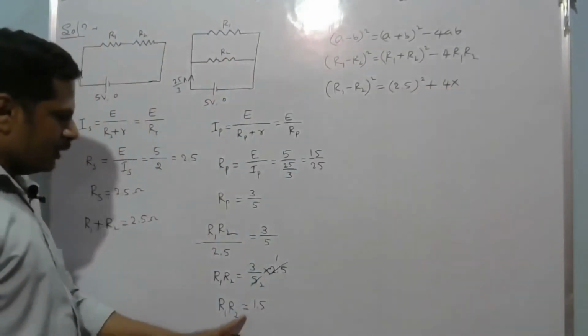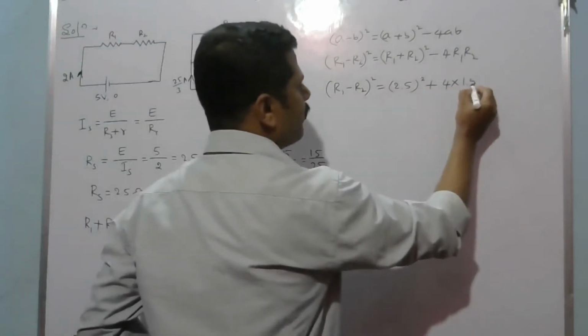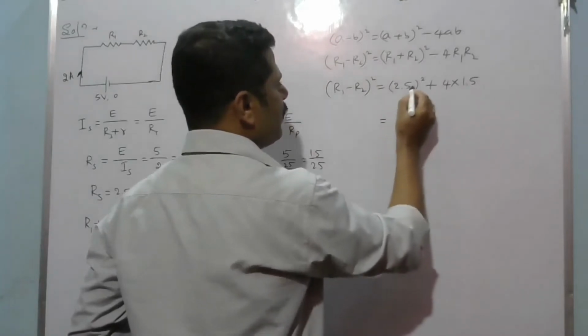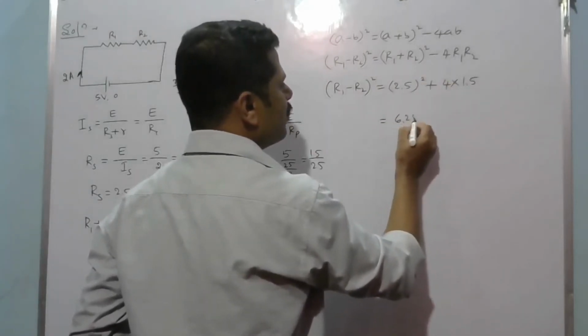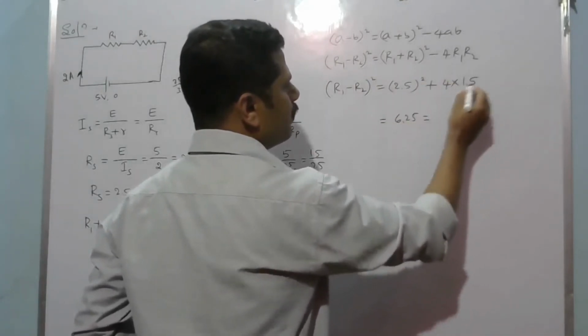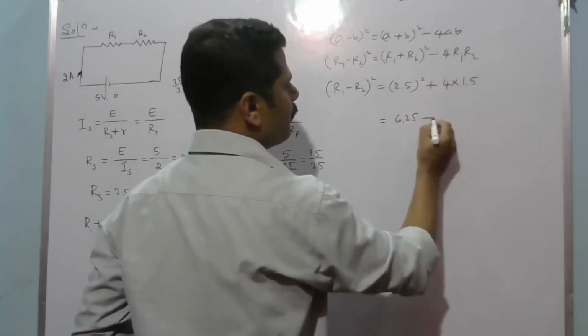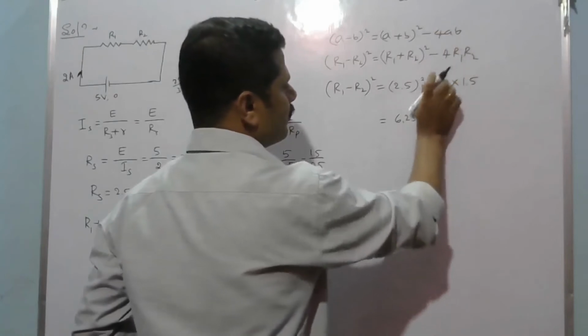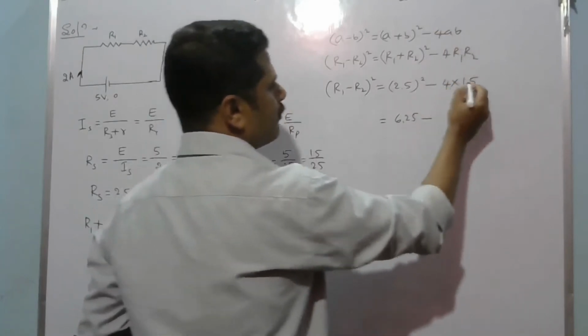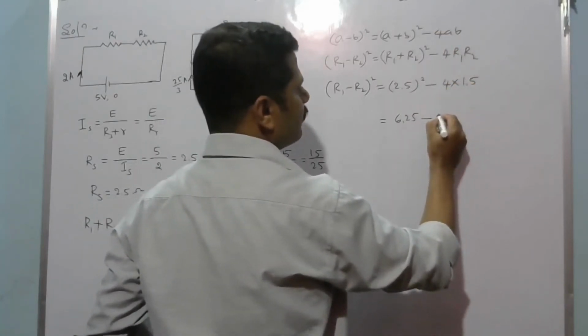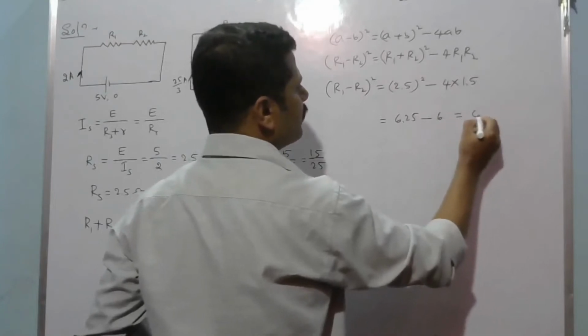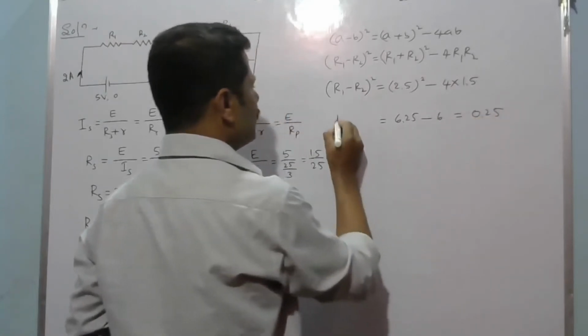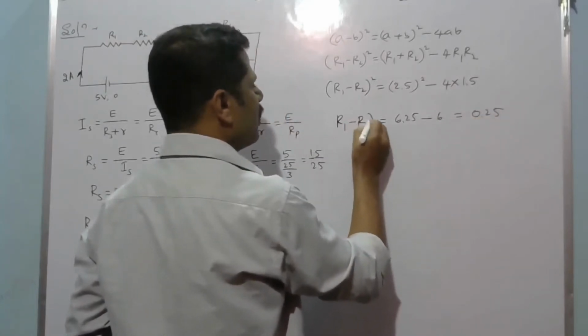Here R1 into R2 is 1.5. This is equal to 2.5 whole square is 6.25 minus 4 into 1.5 is 6. So this will become how much? 0.25. This is R1 minus R2 whole square.